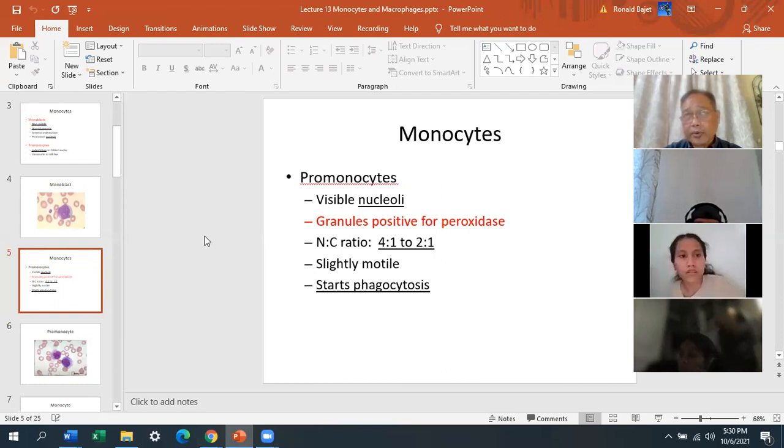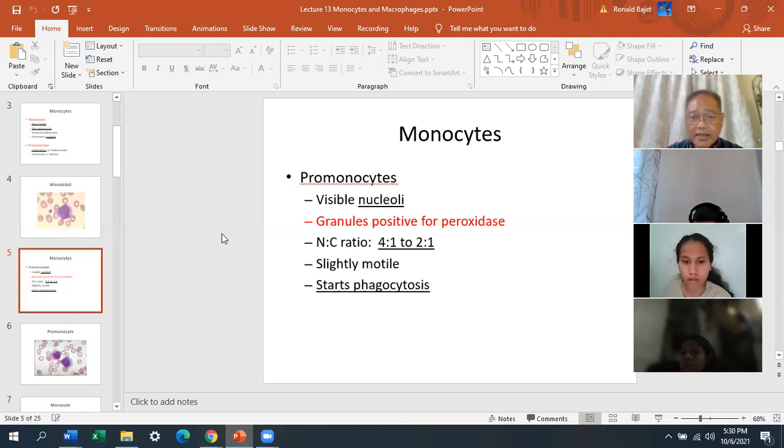You're not really supposed to tell the difference between an erythroblast, lymphoblast, myeloblast, or monoblast by sight. The way you're supposed to do it is by special stains. In the promonocytes, the granules will stain positive for peroxidase.